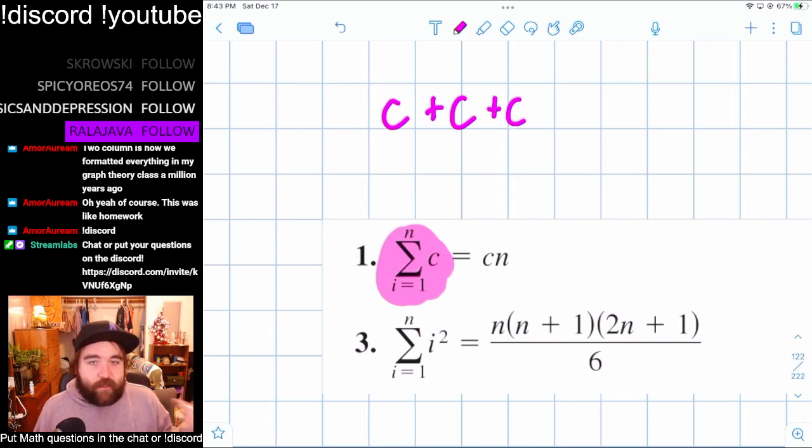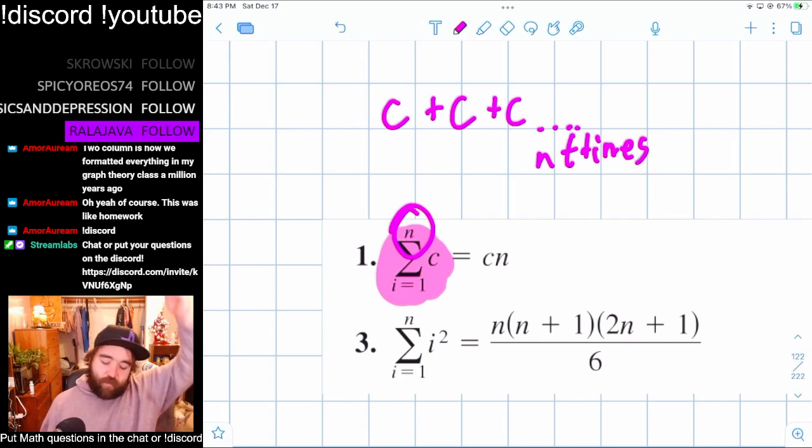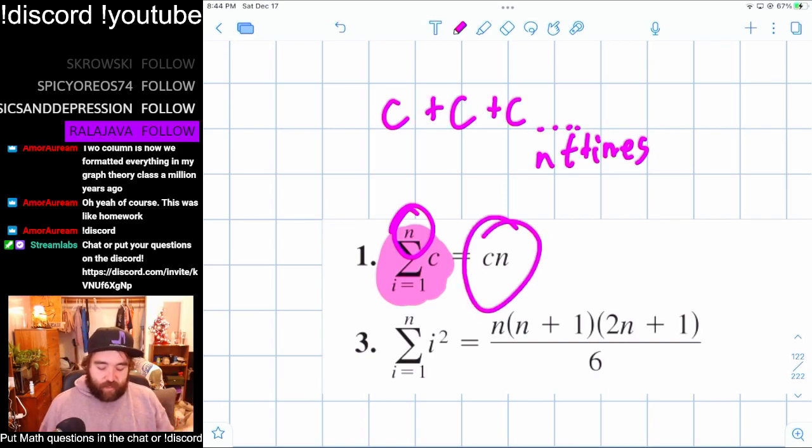No matter what i is, it's just always c. But you're still doing it for how many i times there are. You still have that many terms. So what you're doing then is you're just adding c to itself n times. That's why it's c times n.